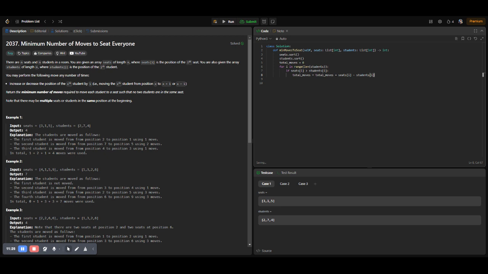Okay, first let me try to complete the statement, then I'm going to explain. No need to worry. This is a very simple example. Also, you can see the tag is easy. So this is very easy, it's not a big one.